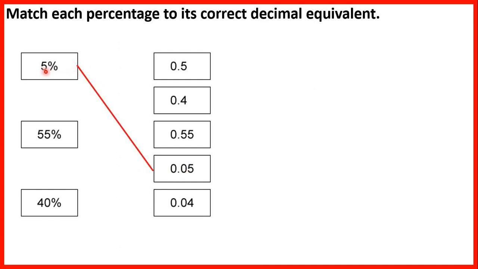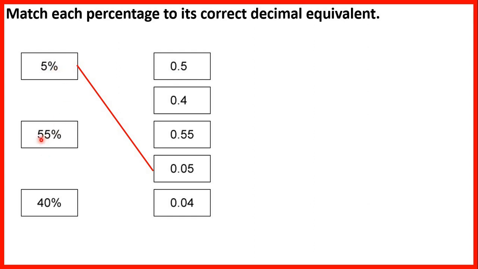So that means we can match 5% to 0.05, because 5% and 0.05 both tell us that we have 5/100ths. With 0.5, we would have 5/10ths, not 5/100ths.